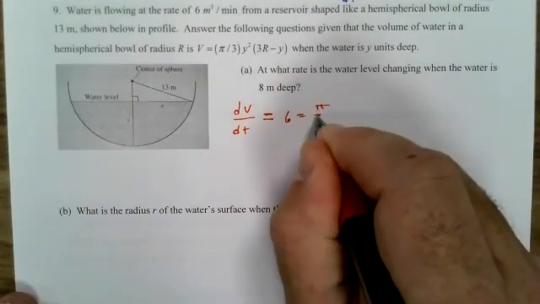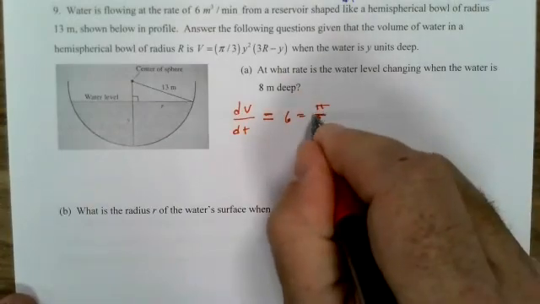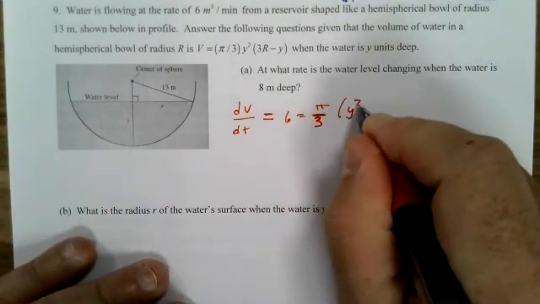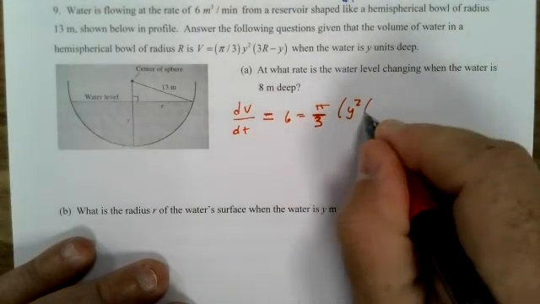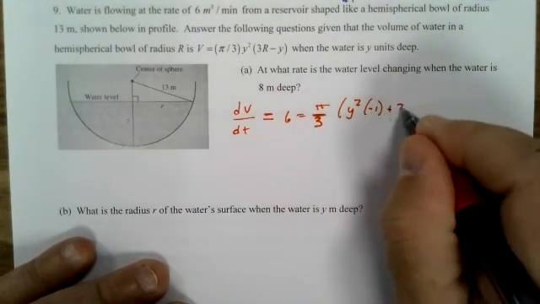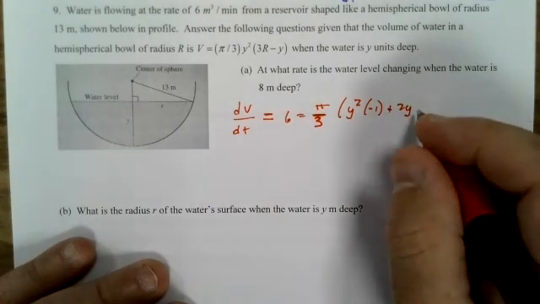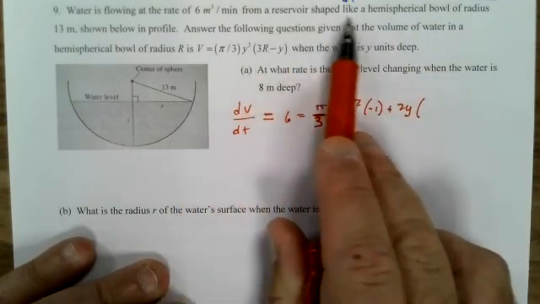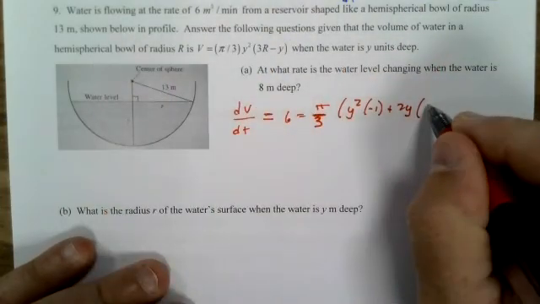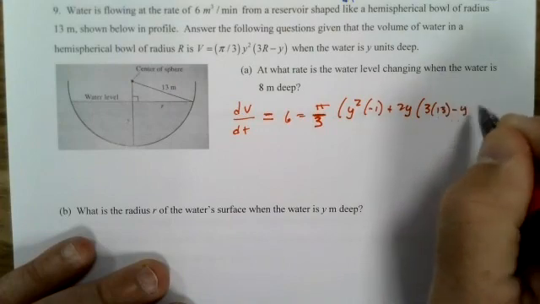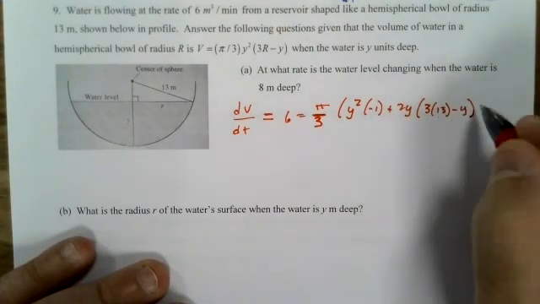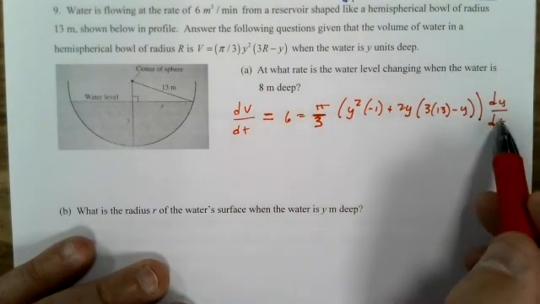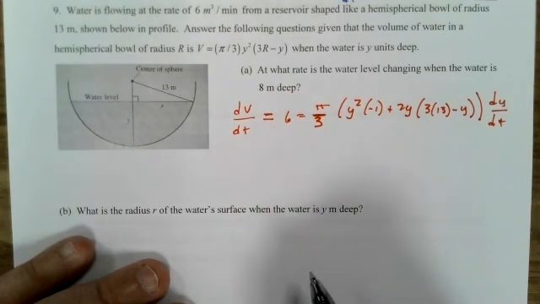Pi over 3, a little trouble with the handwriting all of a sudden. y squared times -1 plus 2y times 3r minus y. Three times 13 minus y, dy/dt. Now dy/dt actually went on both terms, but I just factored it out to make life easy.